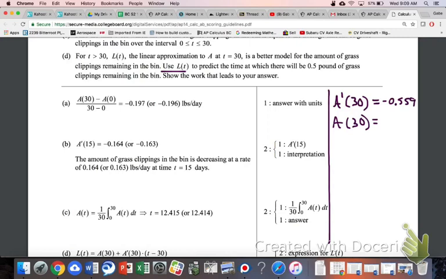Yes, Jeff. Oh, and then you find that. But then you find the rate. Oh, 0.0559? Should be an extra zero in there. Okay. And then you do the rate. It just subtracts it. Yeah. Oh, that's annoying. That's why. Is that good? Okay. A of 30?